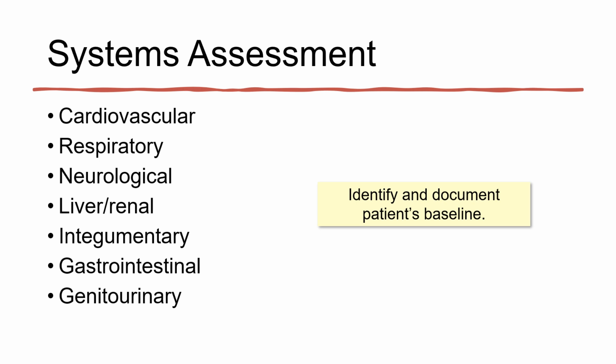Do they have history of urinary retention? Liver and renal function, are their organs able to clear the medications that they're about to get? So all of those questions are based on their health assessment, their medical history, and also lab work that is done prior to the surgery.